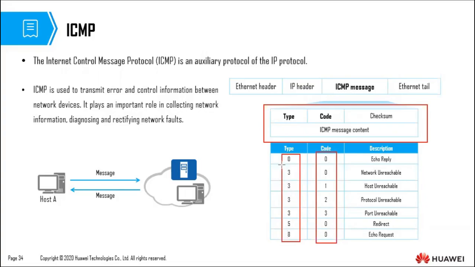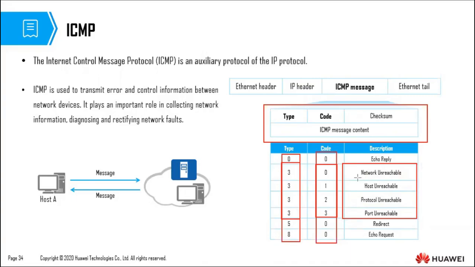For example, in group 3, we have message 0, message 1, message 2, and message 3. That is just an example. So type is the group. They are grouped because they are similar or correlated.